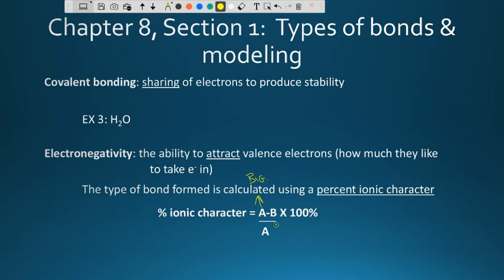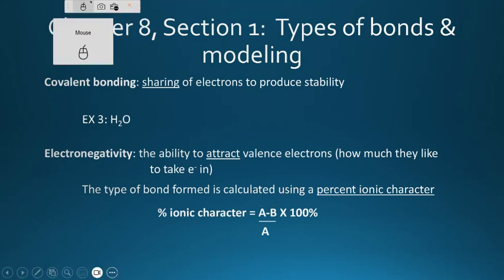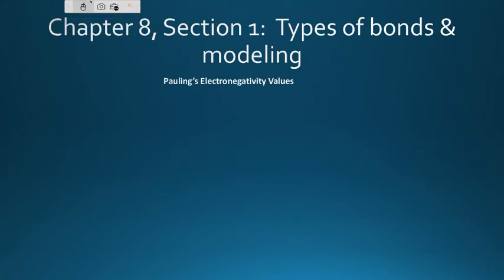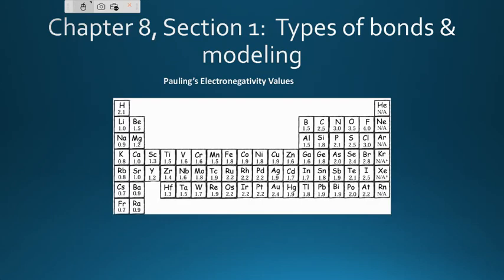Always use your bigger value here, and then we'll use our smaller value for that electronegativity here. And so then we divide it by the big number again, and then don't forget to multiply it by 100%. Now, I mentioned that there's going to be a table that we're going to reference, a reference chart with that, and that's what we refer to as Pauling's electronegativity. This will always be given to you, or the values will be supplied for you.